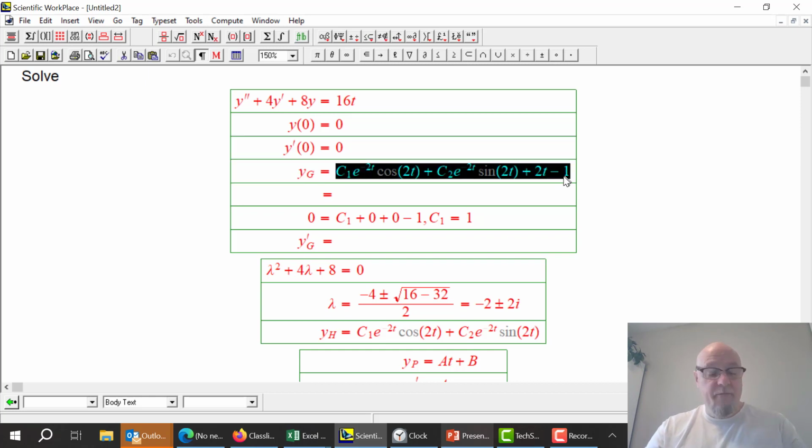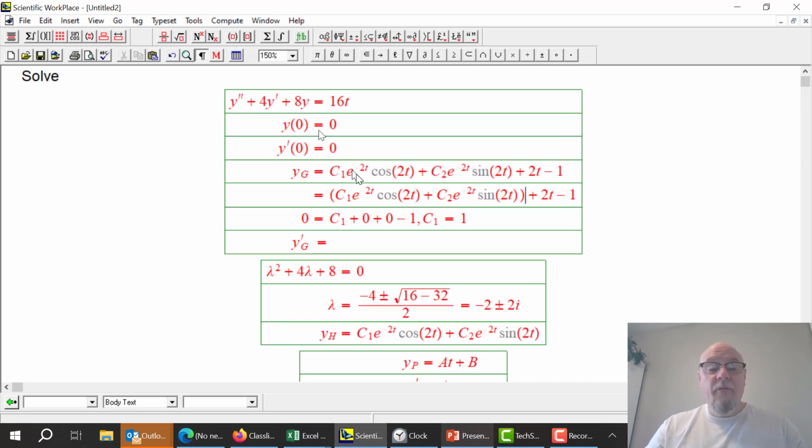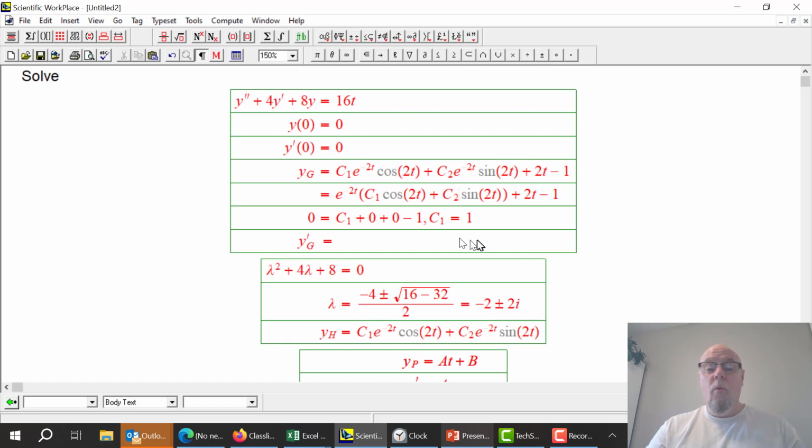I'm going to factor out the exponential across this bracket, just so I only have to do product rule once, because now it's a function times this bracketed function. And I also know that C1 is equal to 1, so I'm going to replace that.